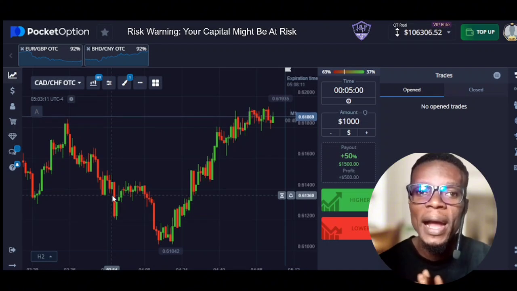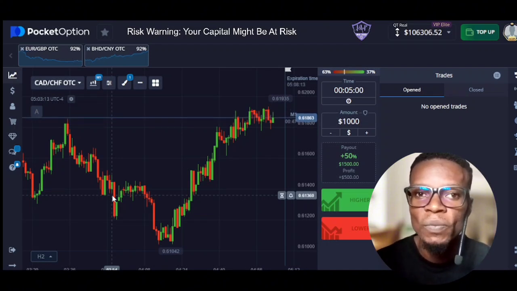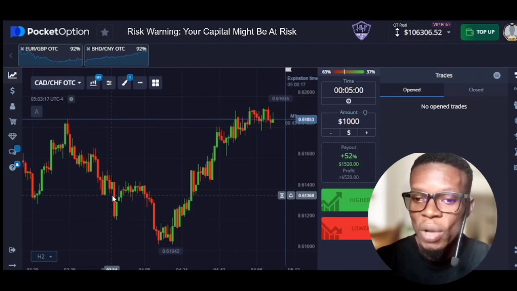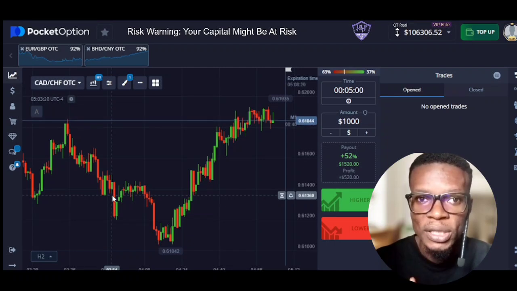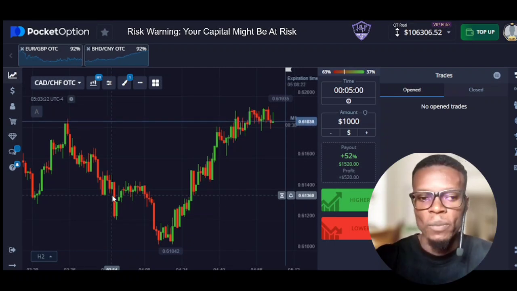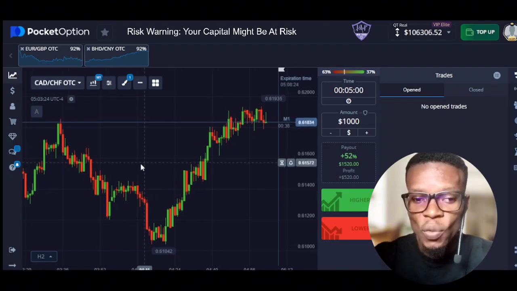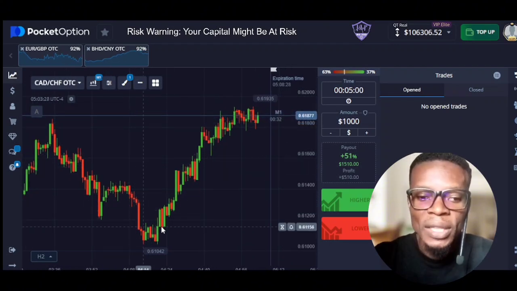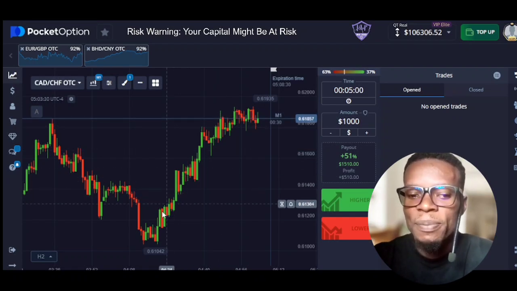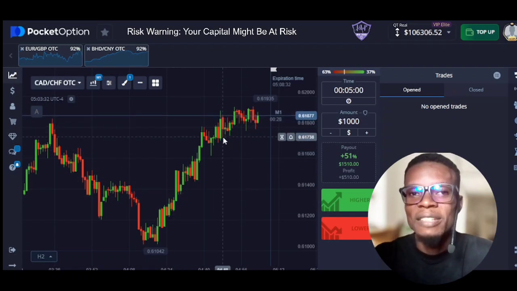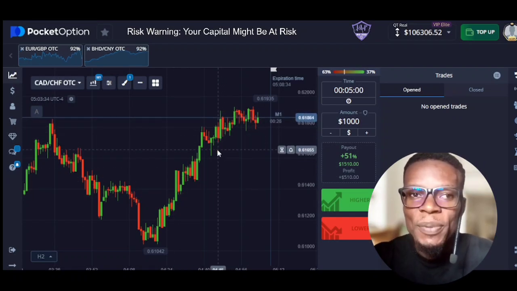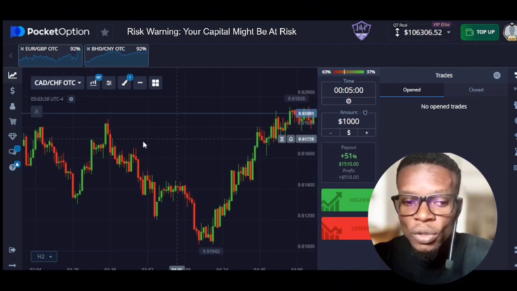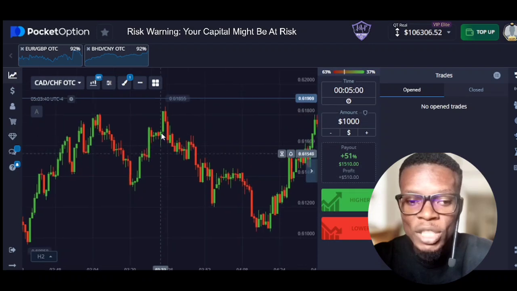Now, if you are having this type of market condition, you may want to consider trading at key levels, which means you are going to be trading at support and resistance. So in this market condition, we are going to be looking at the previous resistance level, because now the buyers are stepping in and the price is moving very sharply, which means that very soon we are going to be experiencing the sellers stepping in again and moving the price downward, because we have experienced that multiple times in the past.